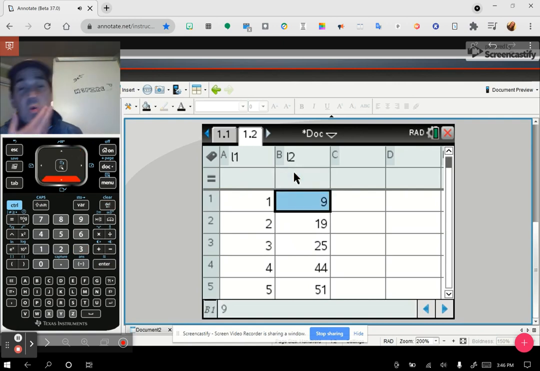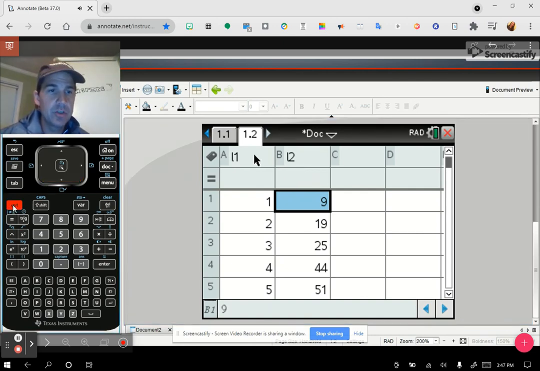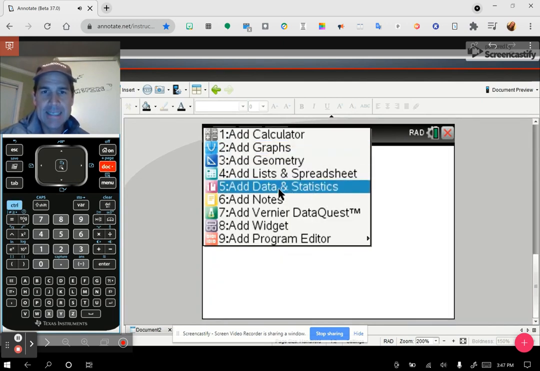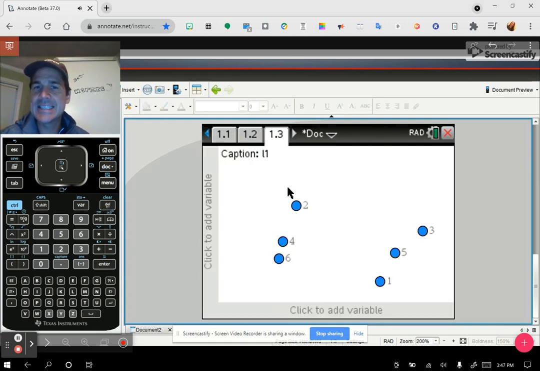Now we want to create, there's two ways of doing this. One is to create a scatter plot. That's the first one I'm going to show you. And so you need to add a new page. So Control, add a page. We're going to go to Data and Statistics. And that looks similar to a scatter plot, but these points are just kind of randomly thrown around.